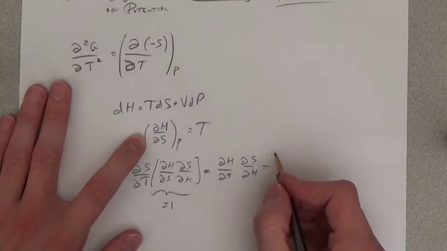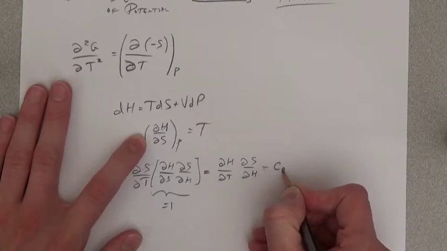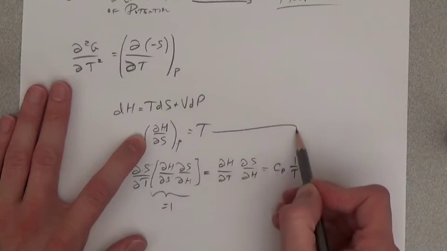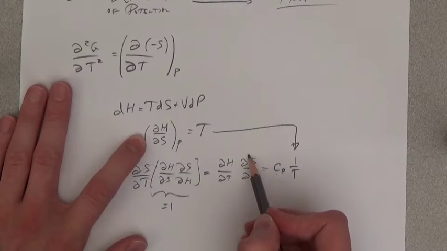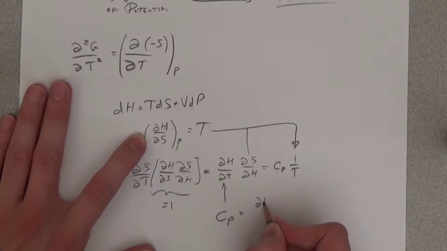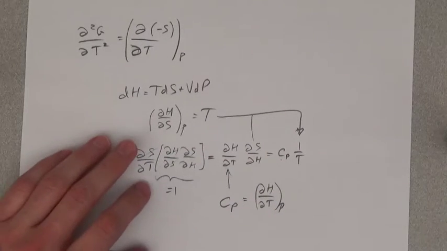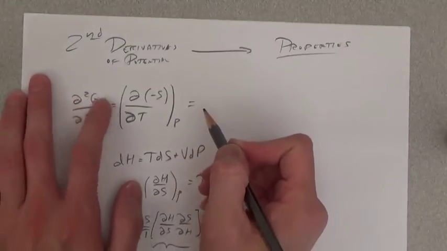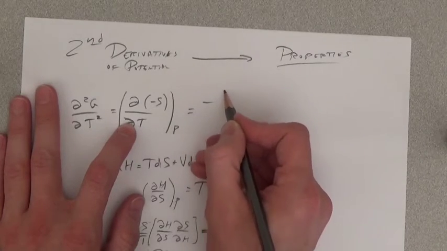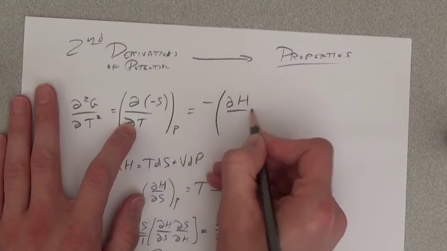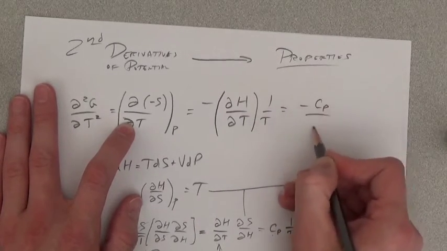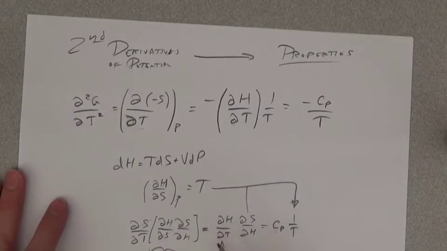And that is equal to the constant pressure, or isobaric, heat capacity times 1 over T. This expression comes about because we know Cp is equal to dH/dT at constant P. Coming back up here, this is negative, putting the negative out in front, dH/dT times 1 over T, equal to negative Cp over T. And this is from one of our Maxwell relations.